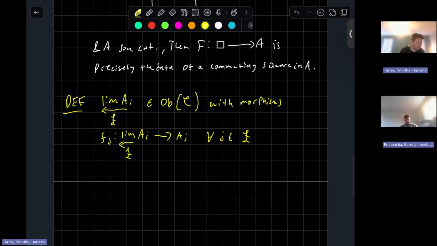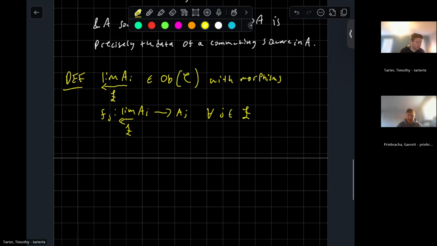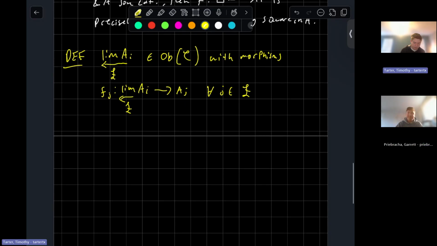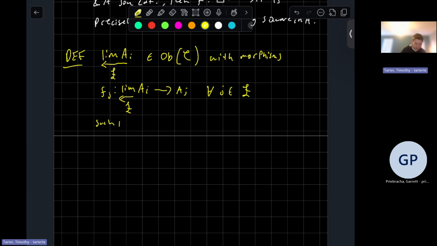No, it's an initial object. That makes sense. Maybe that's where the inverse comes from.